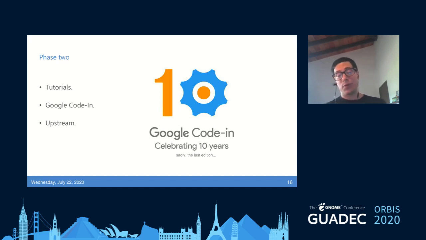We created tasks for these kids to choose any application they wanted, and they had to port this app and then publish it to Flathub, right? But to do that, they would first need to port the app to Python 3 if it was required, and also port GTK2 apps to GTK3. And yes, there are still GTK2 apps in this world, believe it or not, and we have a lot of those.